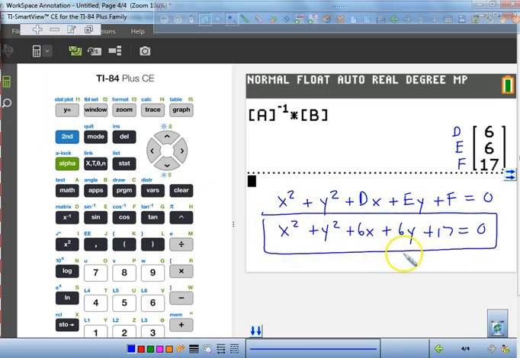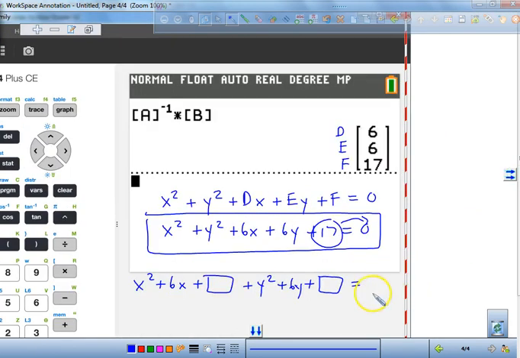And now, what does this problem look like? It looks like a problem that we had on our front page. So I'm going to set it up. X squared plus 6x plus, I'm opening up a little square, plus y squared plus 6y, plus another little square. And I'm setting it equal to, what am I going to do with that 17? I'm going to move it across, make it a -17, and put a couple of boxes right here.